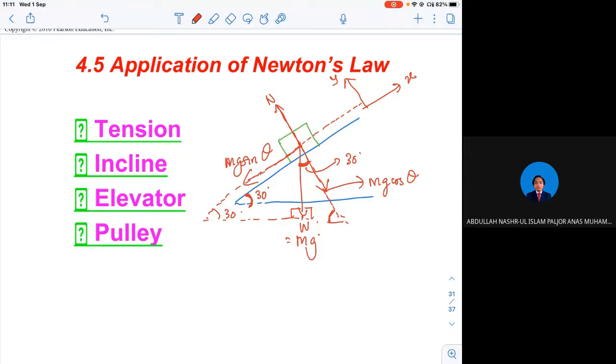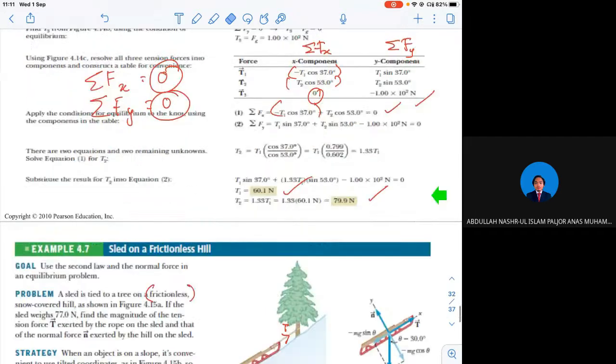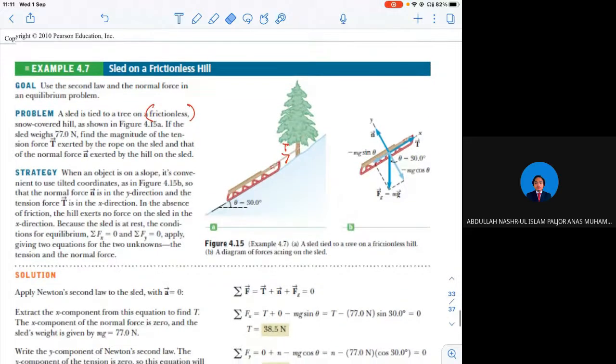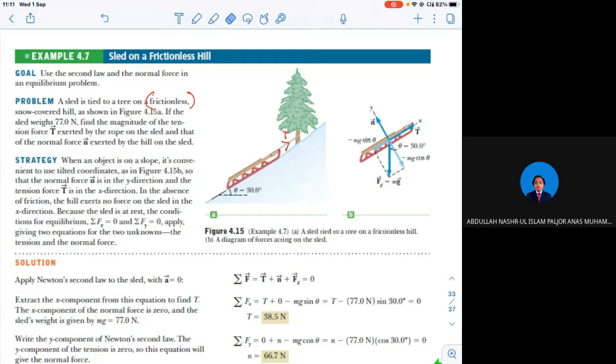So let's look at this situation. The difference from what I told you just now is that this one involves a tension.